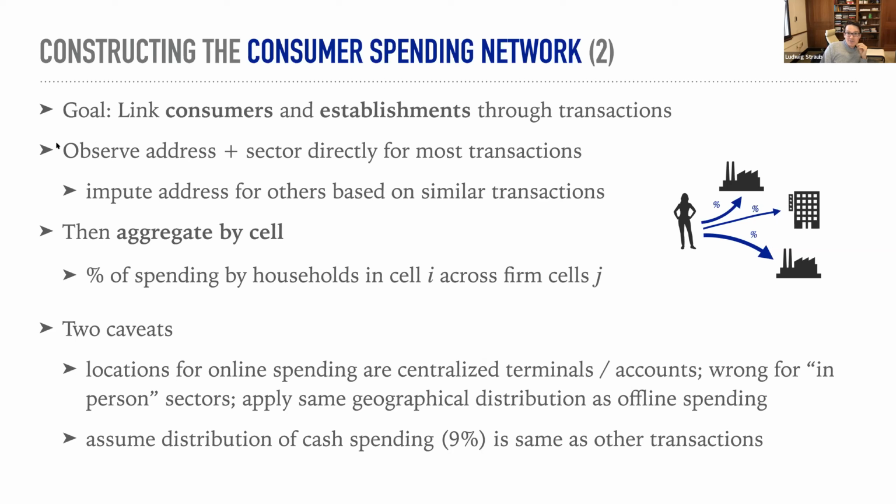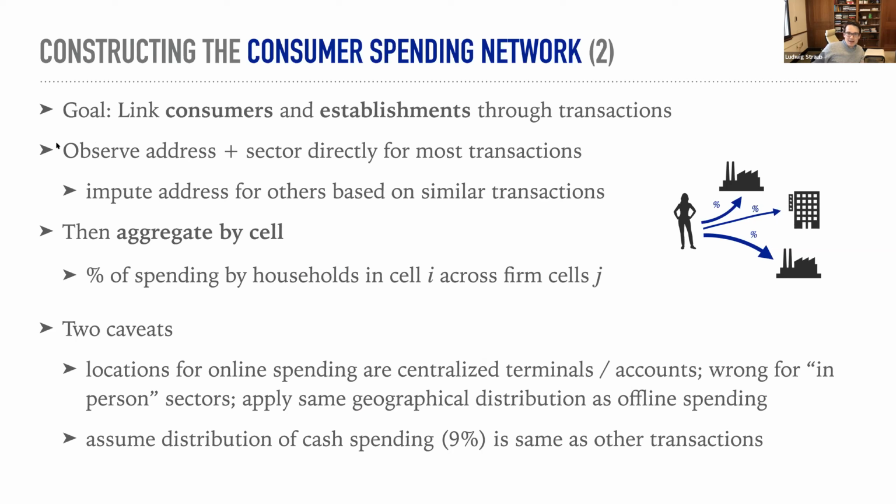This allows us to pinpoint exactly which establishment a given customer is shopping at, and then we assign that to the corresponding firm cell. For some transactions, we don't see the address, but only the sector. For those, we impute it based on similar transactions, for example, transactions that occur in the same sector. And with that, we then aggregate by household cell.